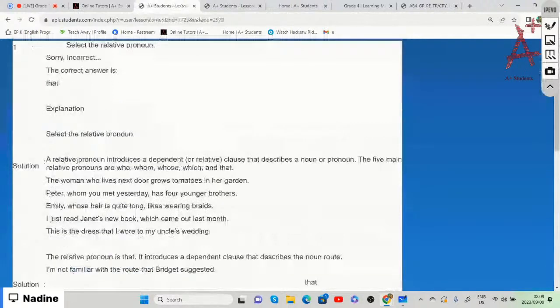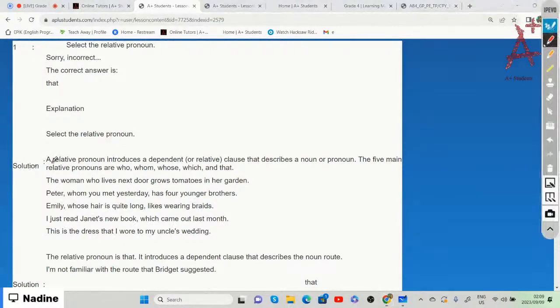All right. So if we identify the relative pronouns, we see that a relative pronoun introduces a dependent or relative clause that describes a noun or pronoun.